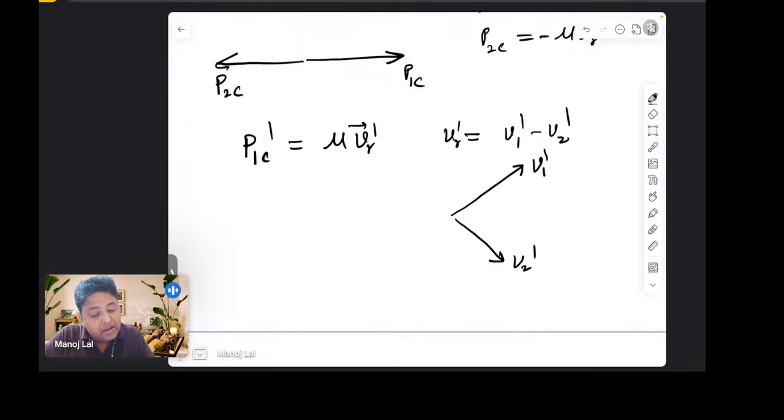If I draw it, this is V1 dash minus V2 dash. Students, you should be careful, right?